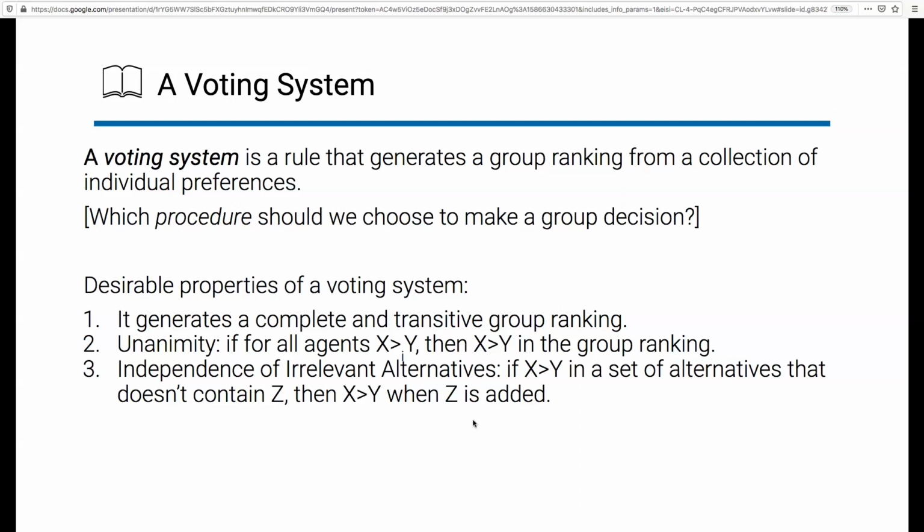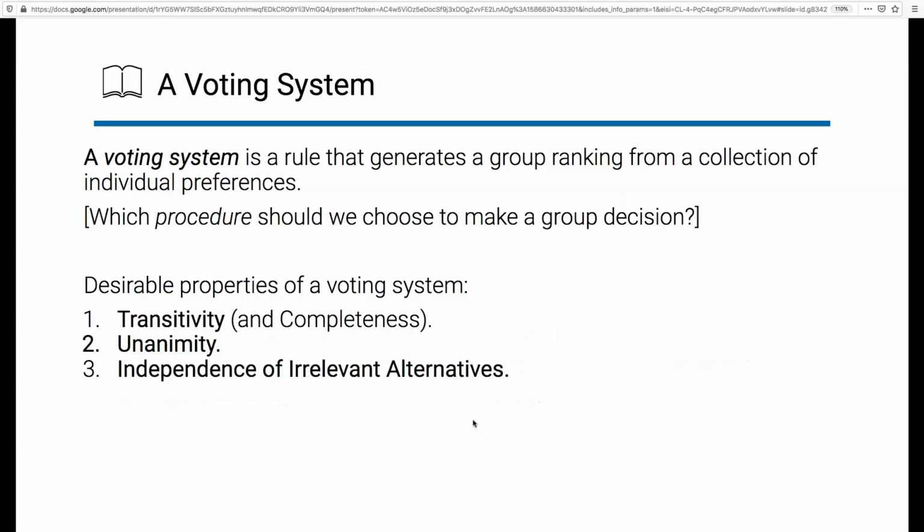Okay, and so it seems reasonable to focus on these three conditions. We care about transitivity, because completeness we usually get for free. Completeness isn't usually a problem. So we care about transitive preferences, we care about unanimity whenever it applies, and independence of irrelevant alternatives. Of the two kinds of voting systems that we looked at in the previous video, we know that the majority rule violates transitivity.